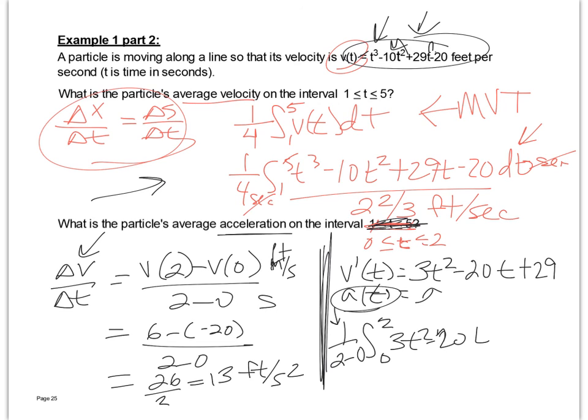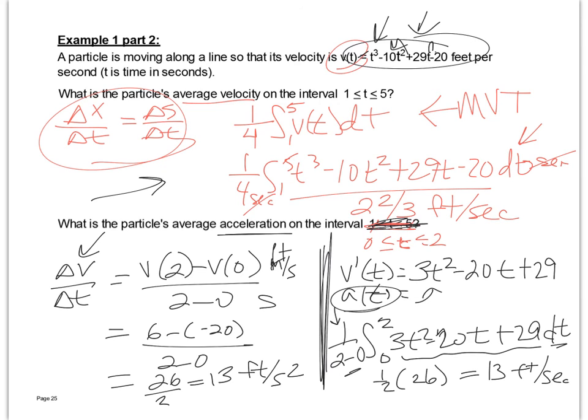Sorry, that's not a 1, it was just a stray mark. Don't forget your dt, because the seconds will cancel out to give you my acceleration right there. And when you do that, lo and behold, you have a 1/2, that's a 26, and you get 13 just like you did before.